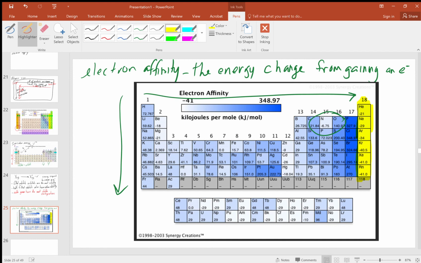Notice the noble gases, not only do they not follow the trend, but for the noble gas, it actually costs energy to gain an electron. Why is that? Well, the noble gases already have a filled shell. They don't want any more electrons. And so it's actually very, very difficult to get a noble gas to add an electron.